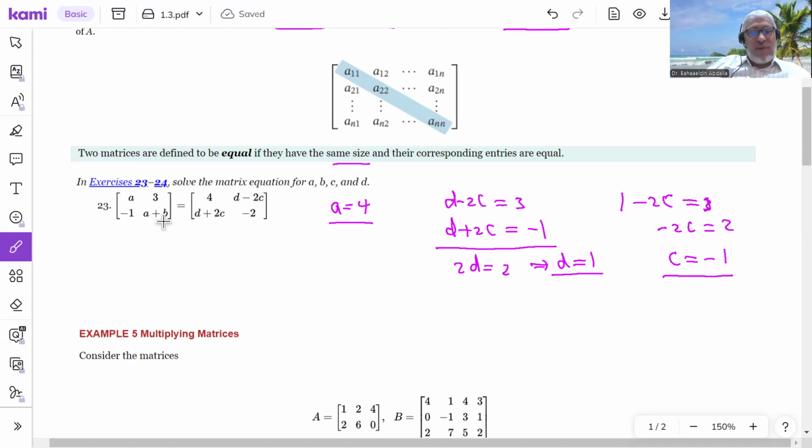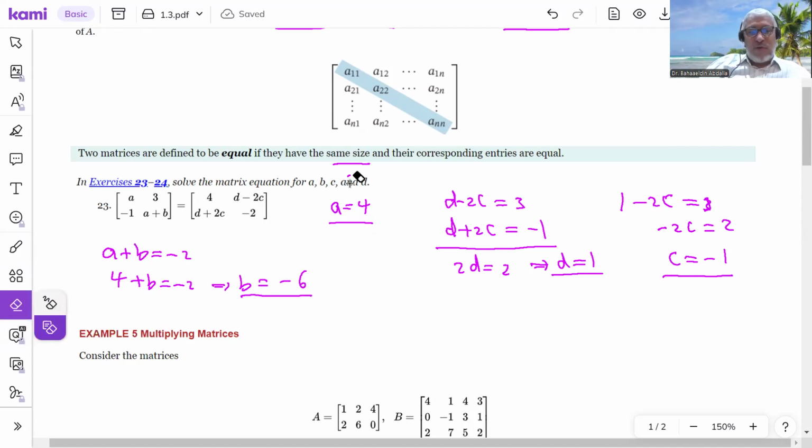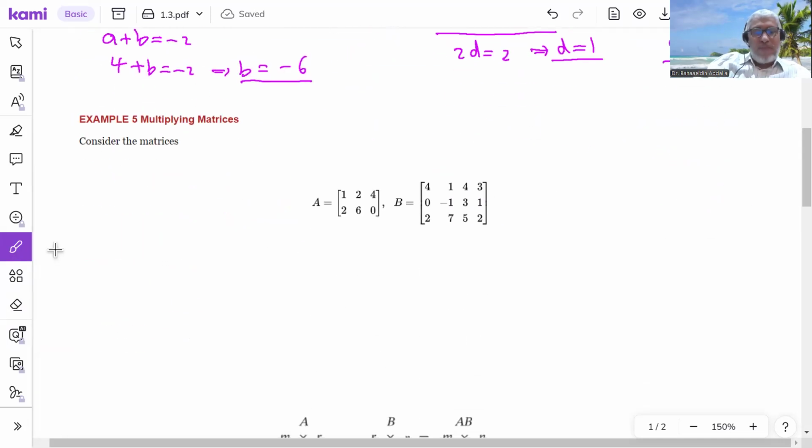The last one, A plus B, is -2. We know that A is 4. So B would be -2 minus 4, -6. So we solved for all the letters because the two matrices are equal, which means the corresponding entries are equal.